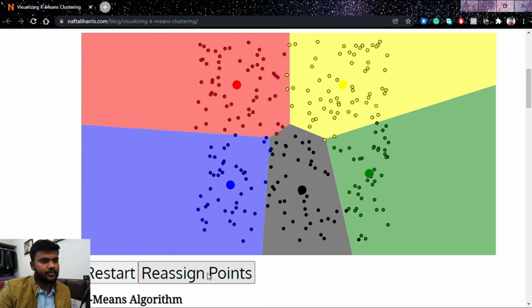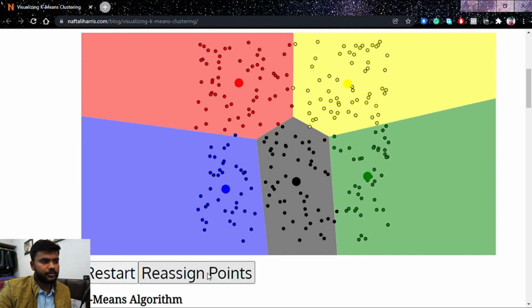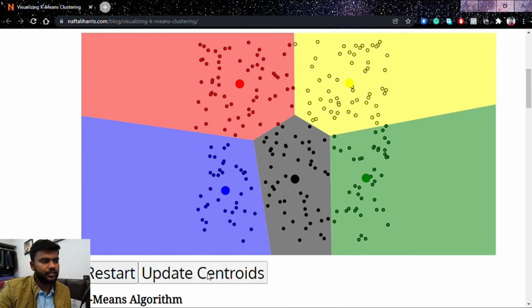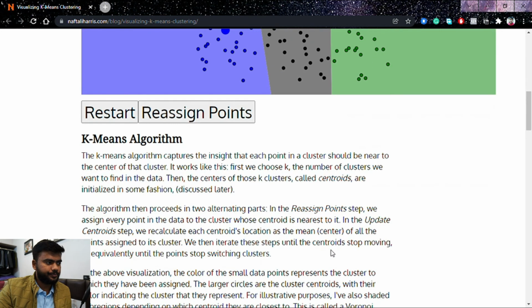This will keep going until we see that there is no more transition, no more migration of data points between the clusters. When we see that, we can say that our clusters have been formed successfully, and these are the clusters that we have formed.